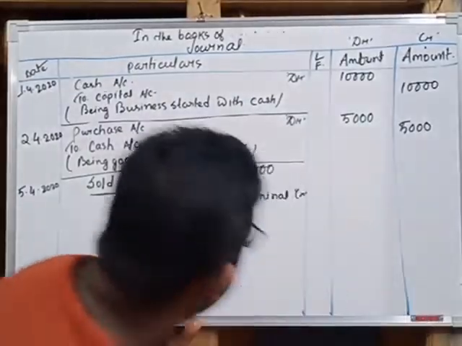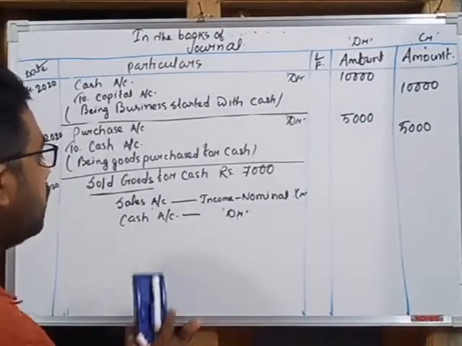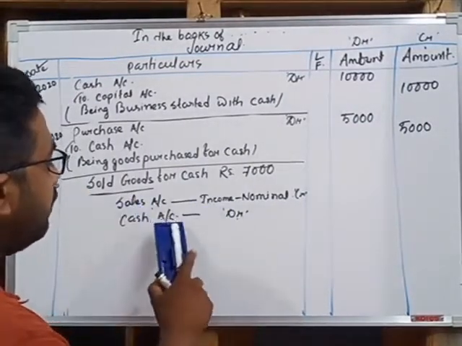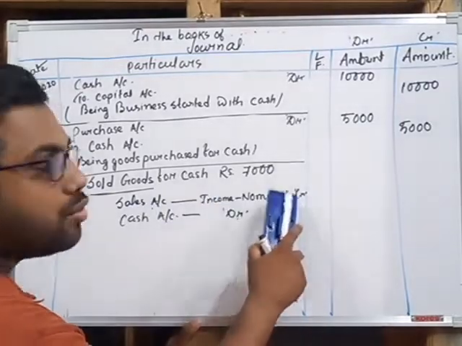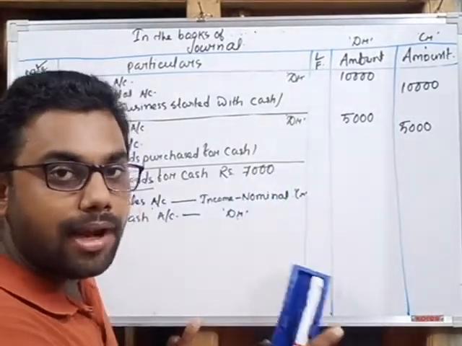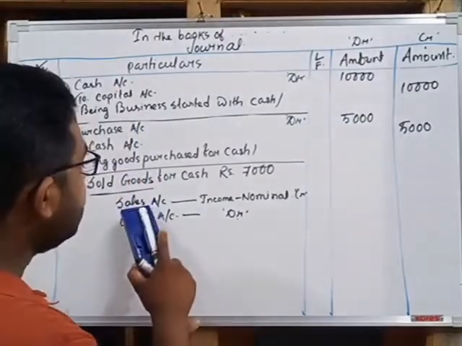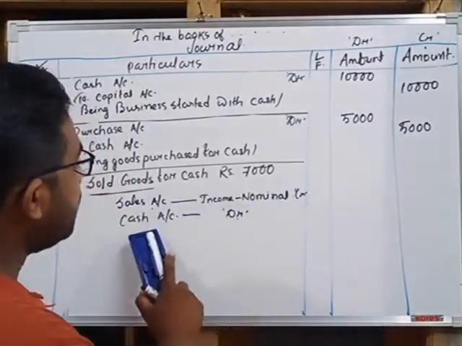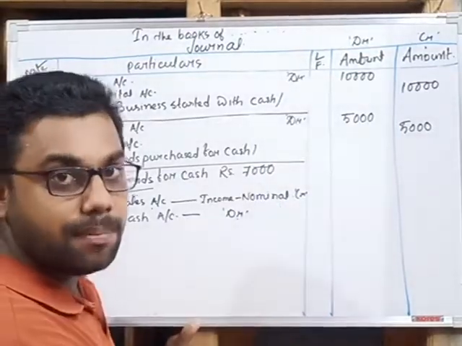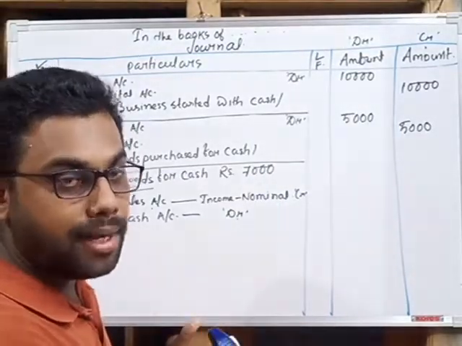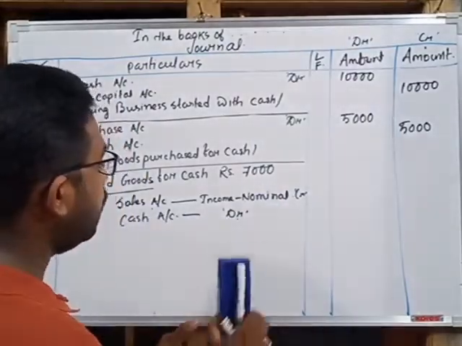So the transaction is sold goods for cash rupees 7,000, and the entry is: sales account is credit because it is the income, and in nominal account all expenses and losses are debit and all incomes and gains are credit. So sales is our income, so it will be credited, and cash comes in our business because by selling we receive money. So cash comes in our business, so it will be debited.